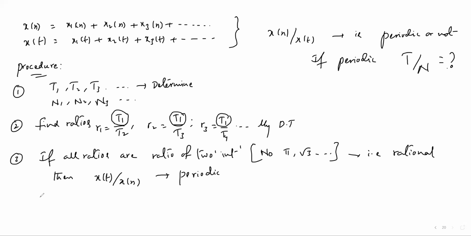Once it is confirmed as periodic, we have to find the time period of that given signal. To find that, first find the LCM of denominators of all ratios, only denominators.